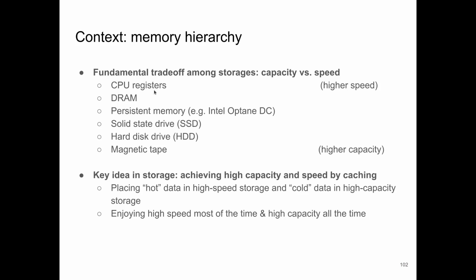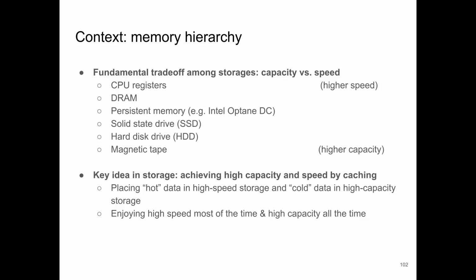CPU registers are very fast. Usually in a single cycle you can access CPU registers. In the digital circuit, it is the fastest possible storage in the design of a CPU processor.